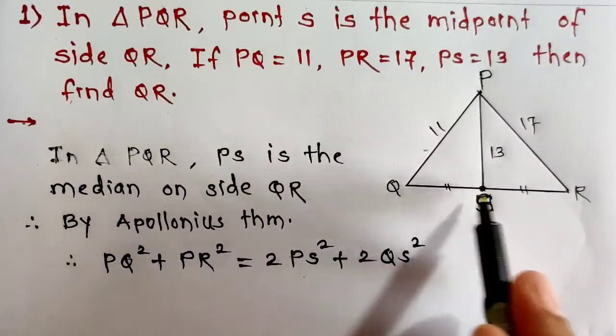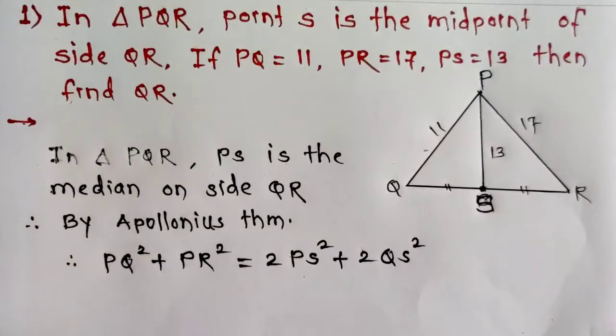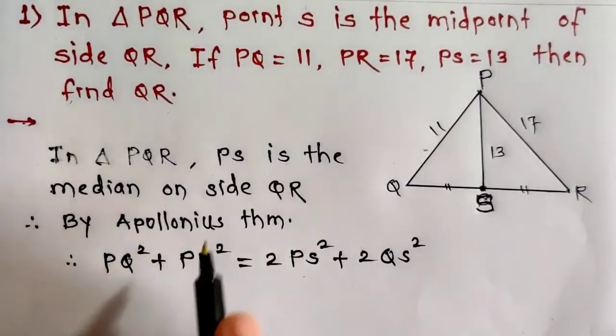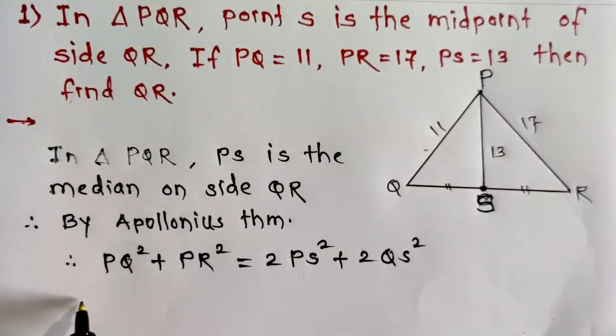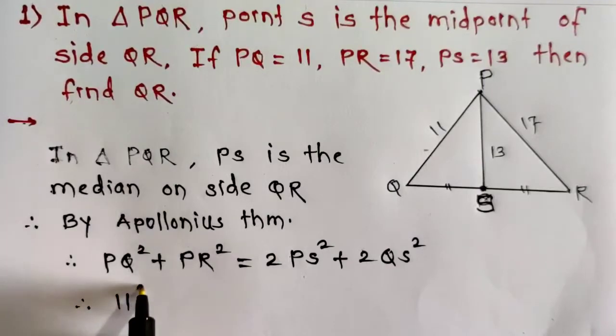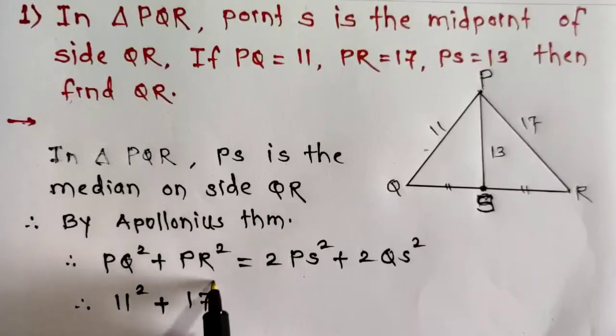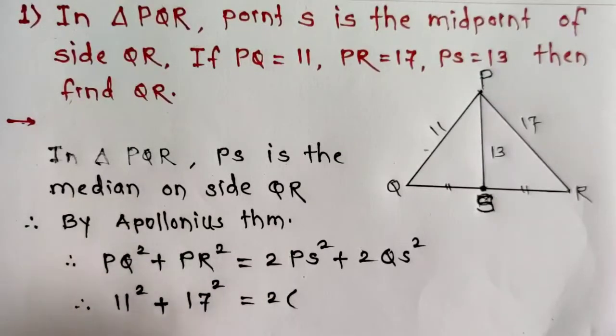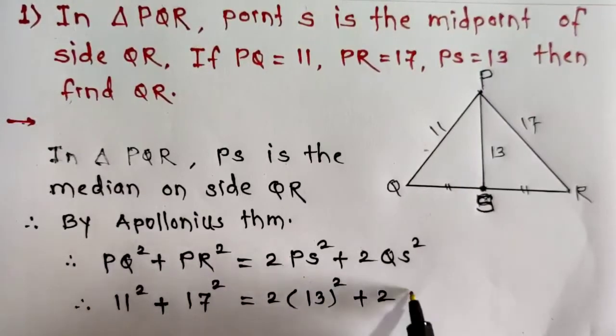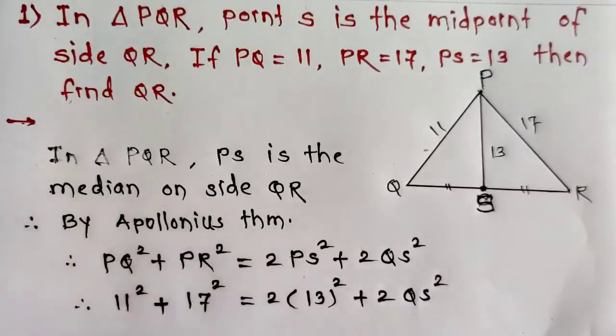So 2 into half QR means QS, or we can write SR. Now substitute the values. PQ is given 11, therefore 11 square plus PR is given 17 square is equal to 2 into bracket PS is 13 square plus 2QS square.